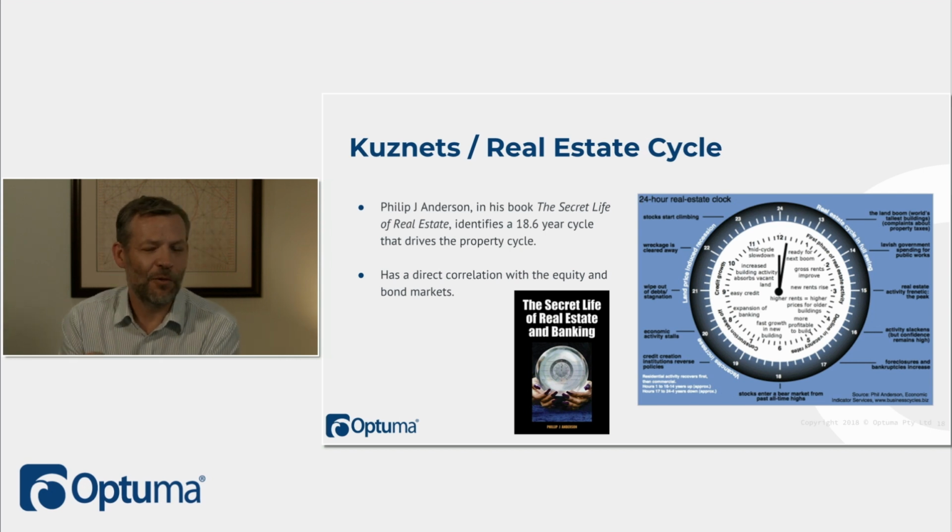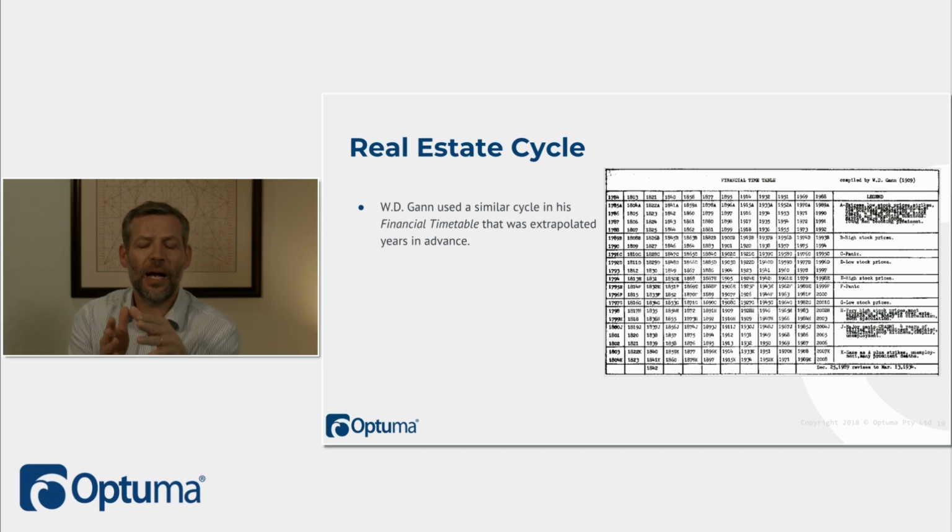Digressing a little bit, if you're interested in the real estate cycle and the macro side of the economy, it's a great book to read. But nevertheless, it's an 18.5 to 19-year cycle that you need to know about.